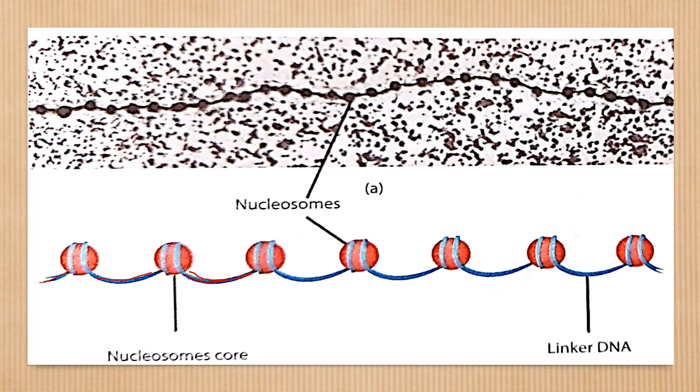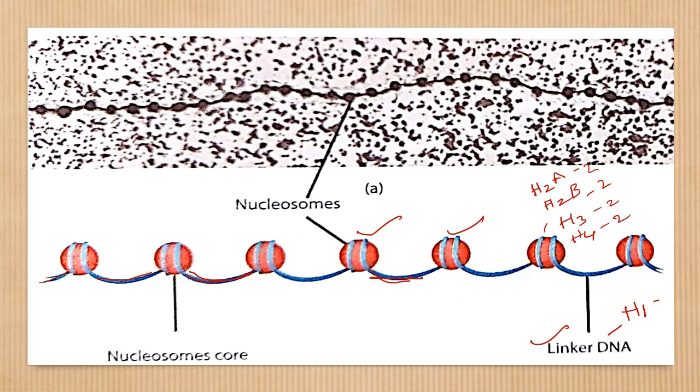Now in this, this is a nucleosome, this is a nucleosome, and these two nucleosomes are joined by DNA that we call linker DNA. This linker DNA has H1 histone proteins present, and the nucleosome, as already mentioned, has H2A, H2B, H3 and H4, each in 2 molecules.